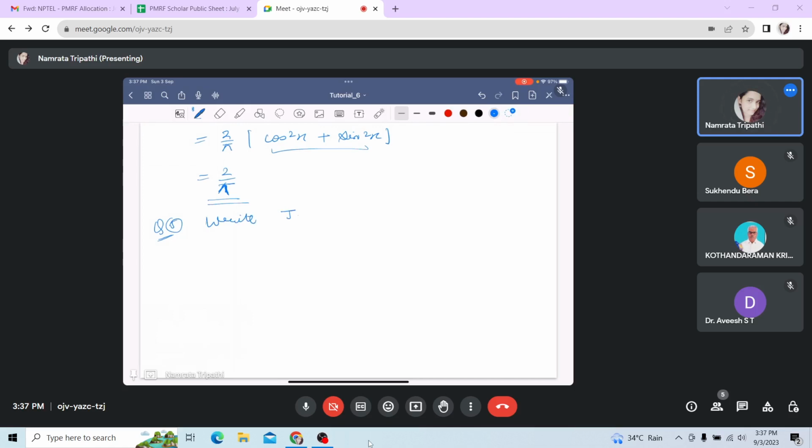So move to the next question, question number 5. Write Z 5 by 2 of x and Z minus 5 by 2 of x in terms of elementary functions.